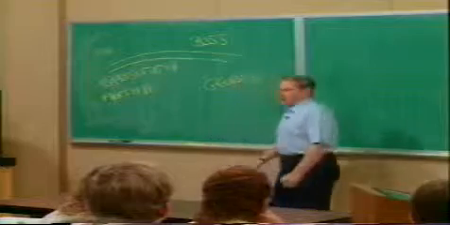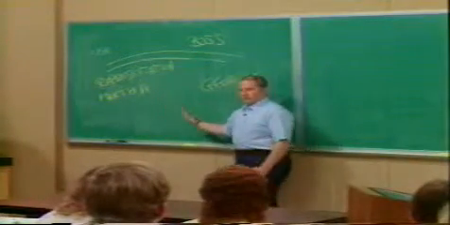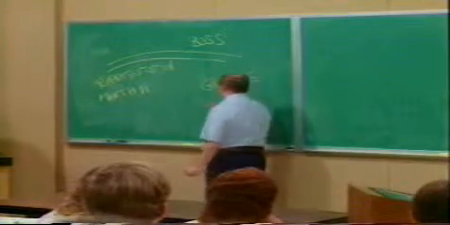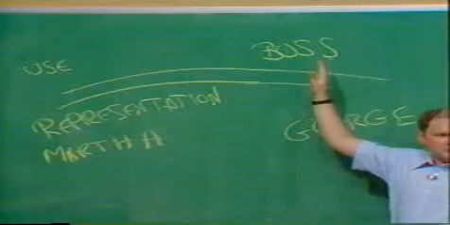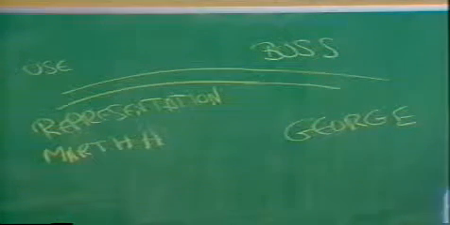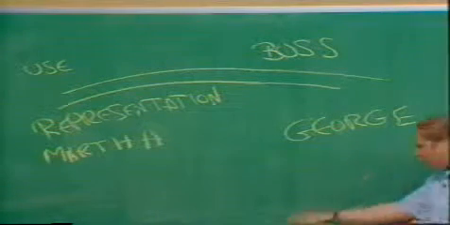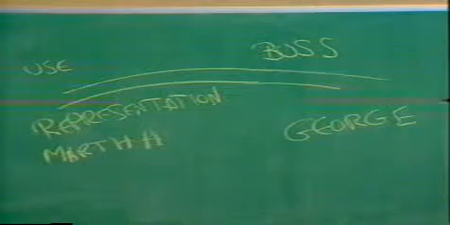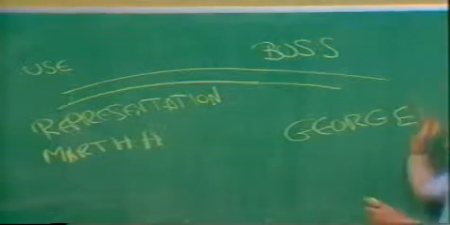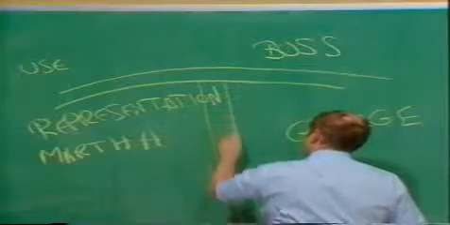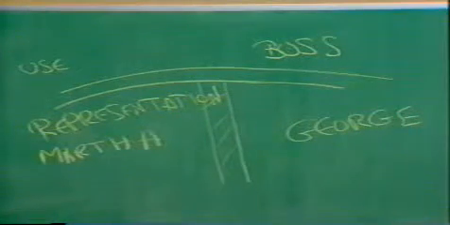And the problem is, you would like to have some system where both George and Martha are designing representations, and yet, if you're above this abstraction barrier, you don't want to have to worry about whether something's done by George or by Martha, and you don't want George and Martha to interfere with each other. Somehow, in designing a system, you not only want these horizontal barriers, but you also want some kind of vertical barrier to keep George and Martha separate.